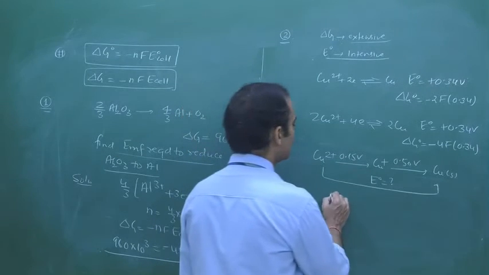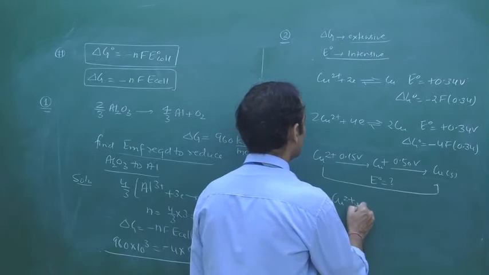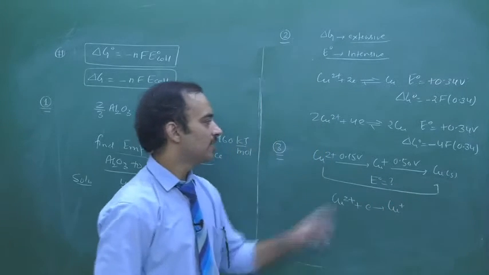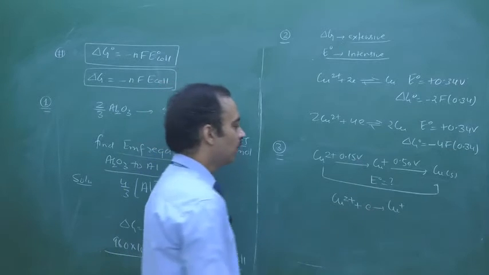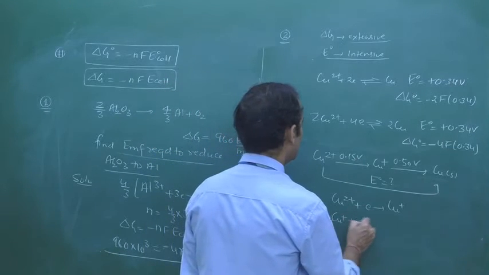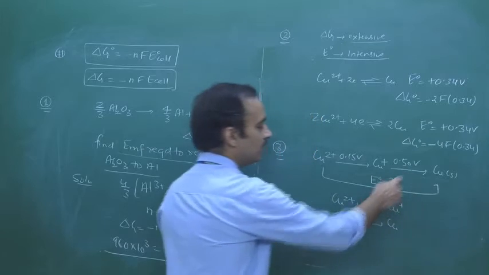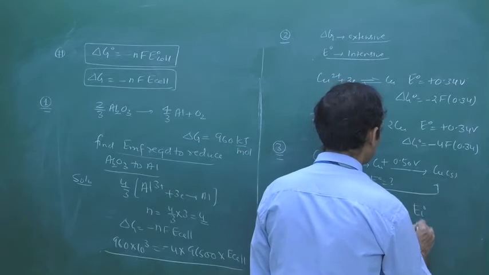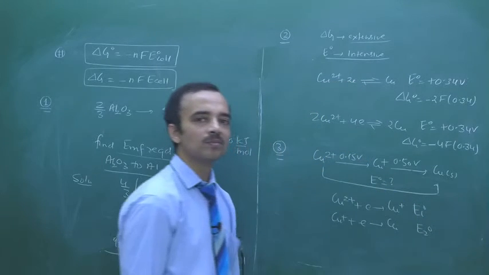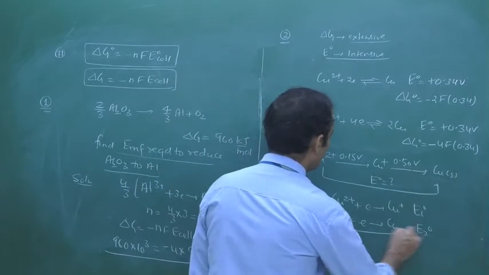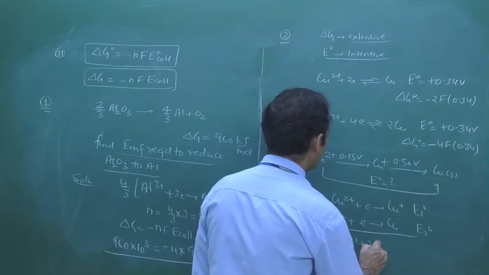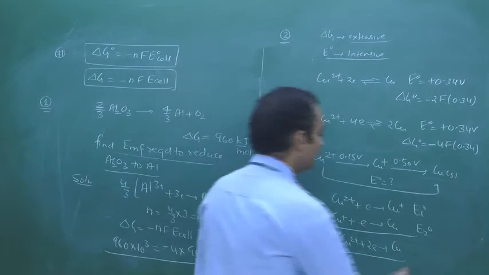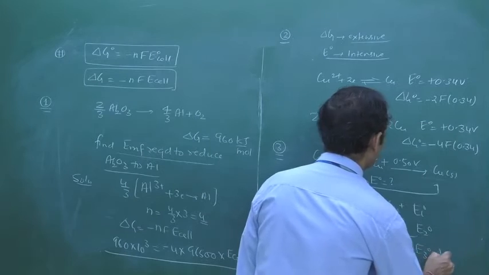Beta, first of all, let us write down the equations. The first equation is this one. Is it clear? What is the second equation? The second equation is this one. Its E naught is, let us say, E1 naught. Its E naught is, let us say, E2 naught. What is required here? Required is Cu2+ plus 2 electrons converts to Cu. This is required, and E3 naught.